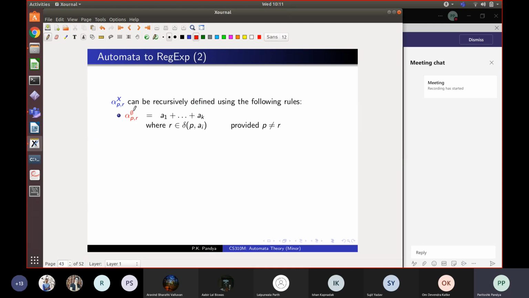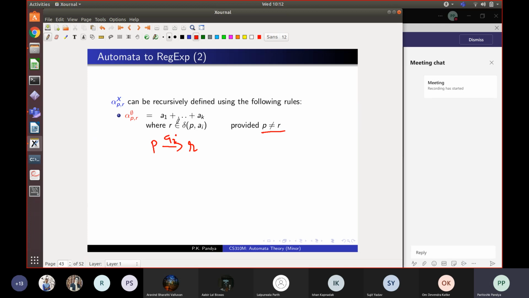Alpha PR with no intermediate states, where P and R are distinct, P is not the same as R. Since you are not allowed to go through any intermediate states, you must directly go from P on a letter AI to R, right?